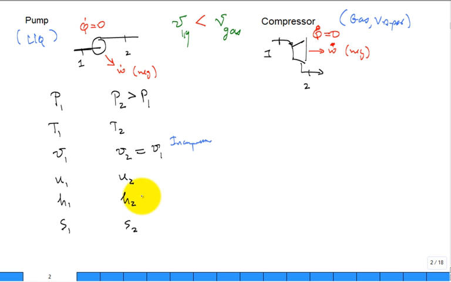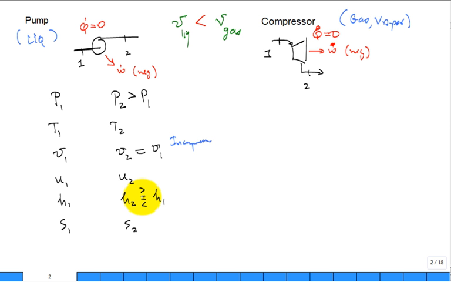Now, we can talk about these. How about the exit enthalpy compared to the inlet enthalpy? Greater, equal, less? What do you think? Greater. And what was the logic behind the greater? You boosted the pressure, you put in energy, that's the purpose of the pump.